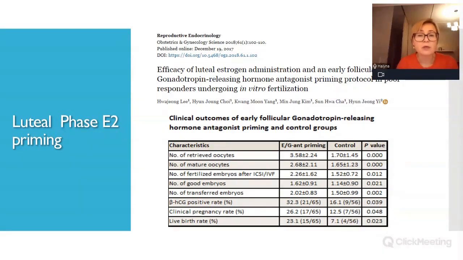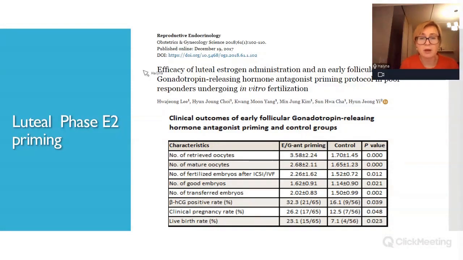In this slide, you can see the comparison of stimulations with luteal phase estrogen priming. It means giving estrogens after ovulation, which can decrease the FSH level a little bit, and like that the small antral follicles grow more homogeneously.